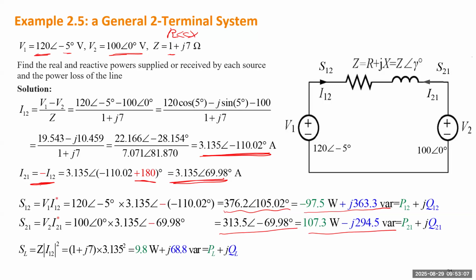What is the load of the line? The load of the line will be the loss for this part and also the loss for that part. So that confirms there will be 9.8 watts loss as active power and around 70 loss as reactive power. Okay, so that maintains the complex power balance.